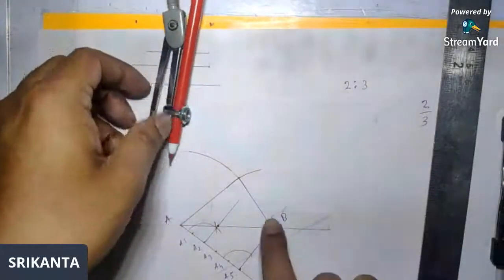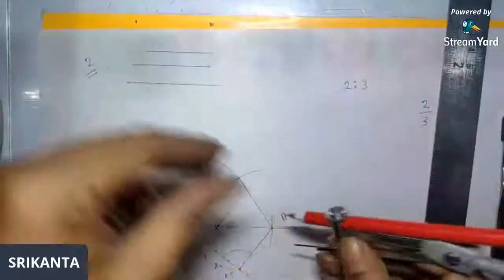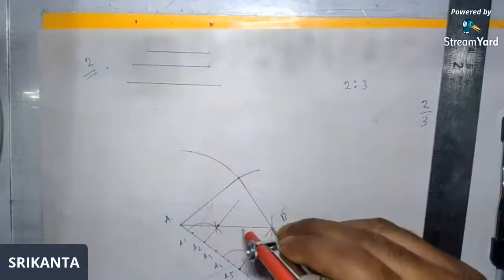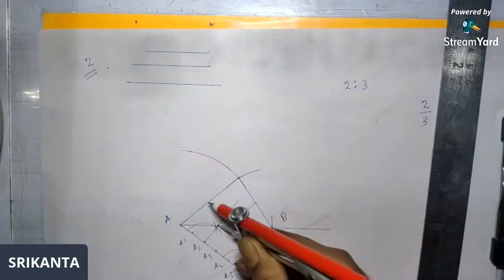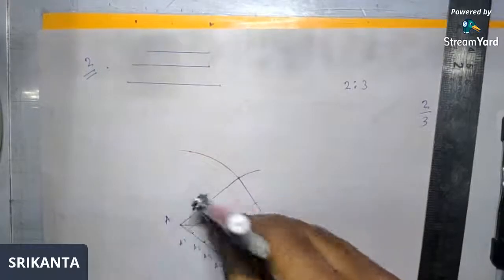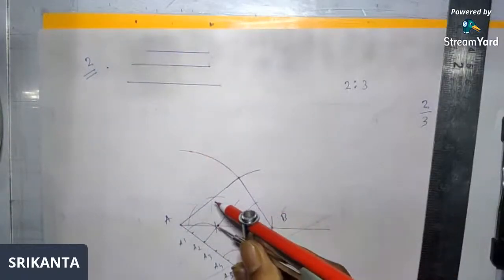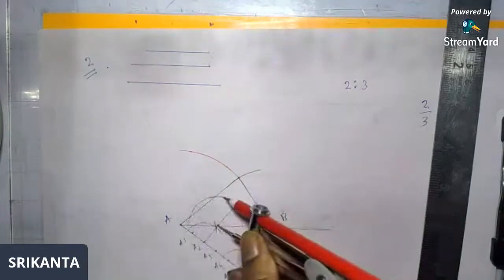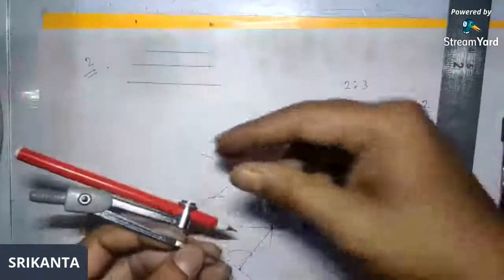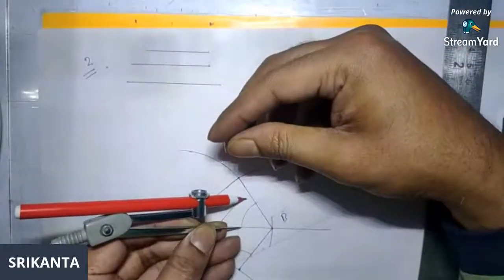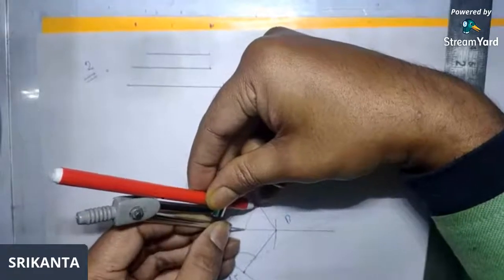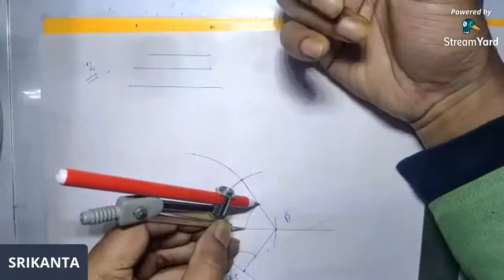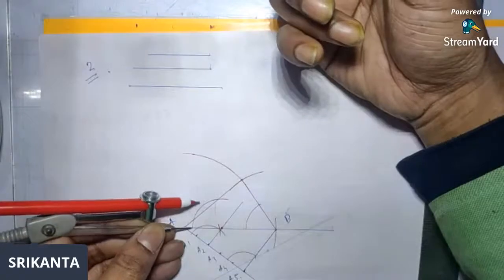So we are imitating this angle here. How do you do it? Again, same. Take any arc, plot it. Same thing. Clear? Then measure this portion. Clear? This portion. Put it here.